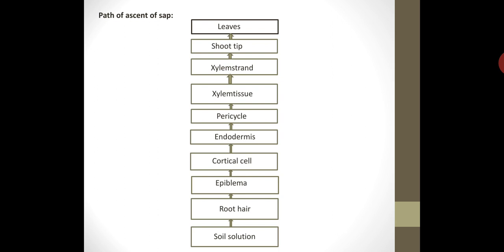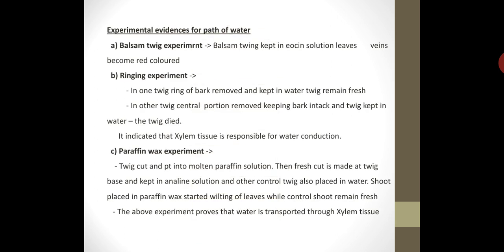Then from xylem of the root, it enters the xylem of the stem, from stem to the shoot apex, then finally leaves, and as shown in the figure, through the stomatal opening pores, the water is evaporated into the atmospheric air, which is the phenomenon of transpiration, that we'll study in the next topic. So this is a very simple figure shown to explain the phenomenon of ascent of sap.